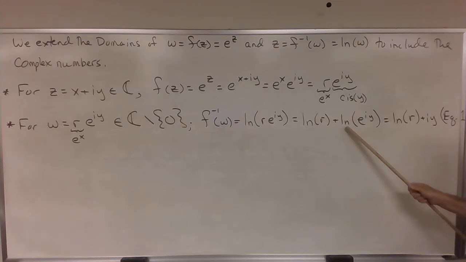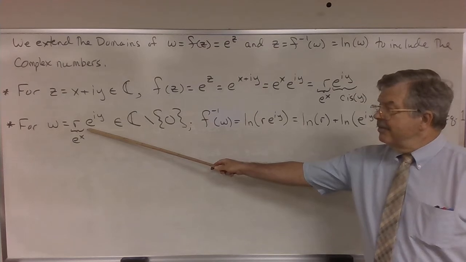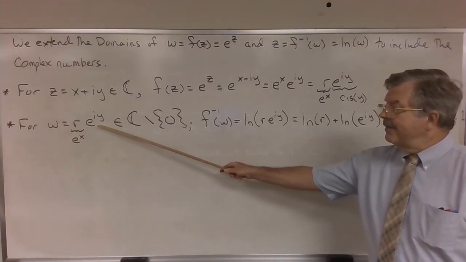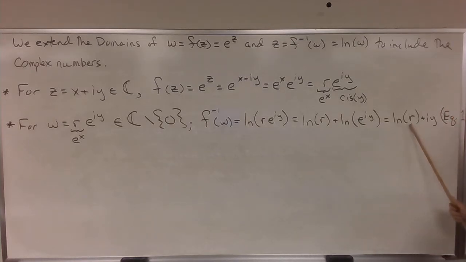And natural log and e are inverses. So natural log of e to the iy, that's just going to be iy. So plug in the complex number w equals r e to the iy into the natural log function, and we get natural log of r plus iy.